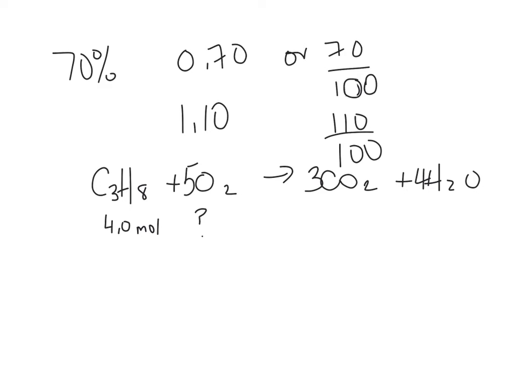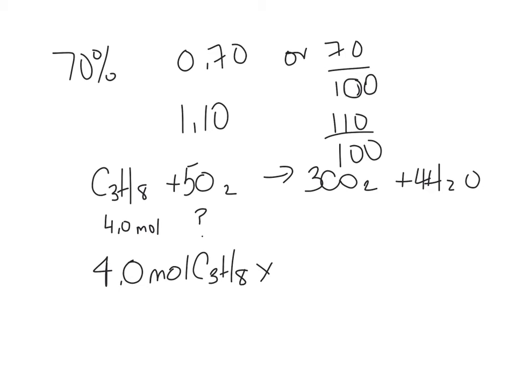So once you have your moles calculated, we have 4.0 moles of C3H8. You're going to figure out how many moles of oxygen that actually is.